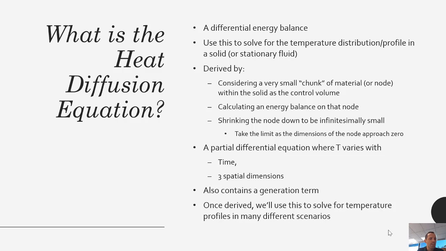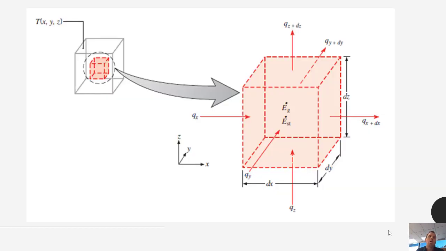We're going to derive it here this once, and then you'll be able to use it a bunch of different times, but just know that it's an energy balance that you're solving to find your temperature profile or temperature distribution.